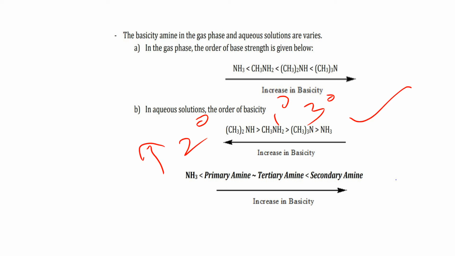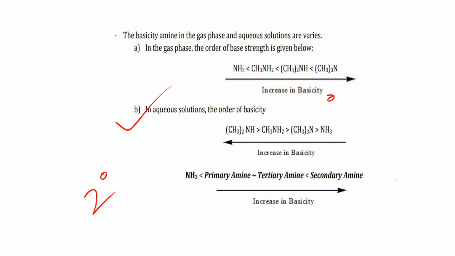Secondary amines are more basic than tertiary amines. In aqueous solution, the order of basicity is secondary greater than primary greater than tertiary greater than ammonia.